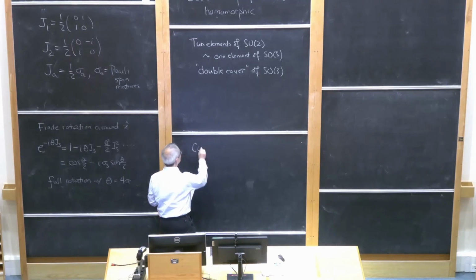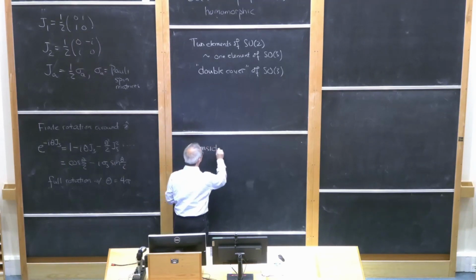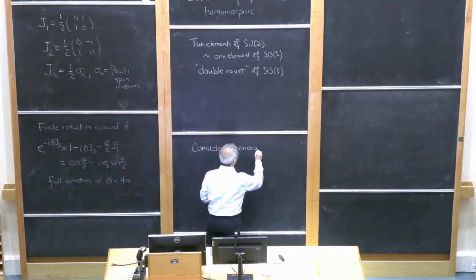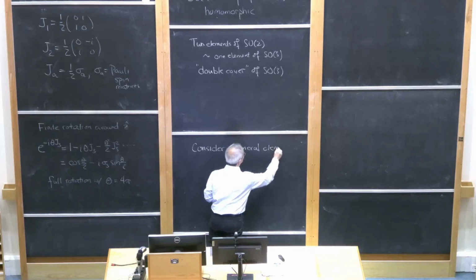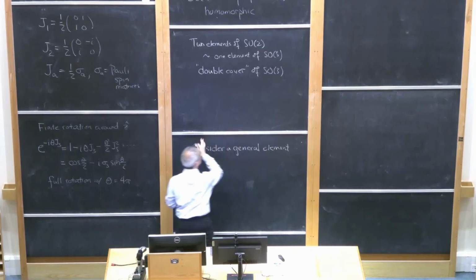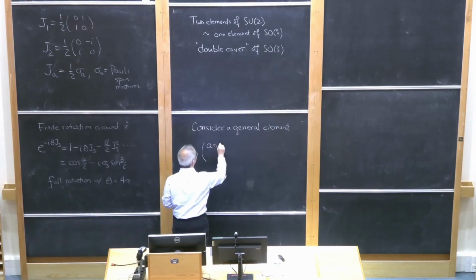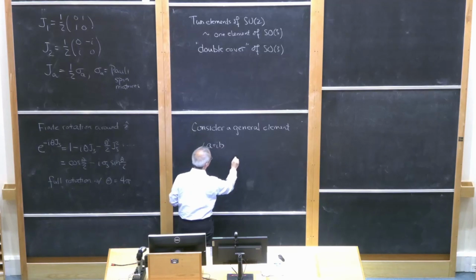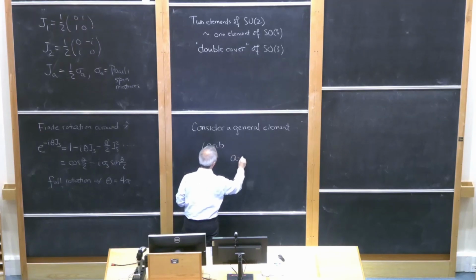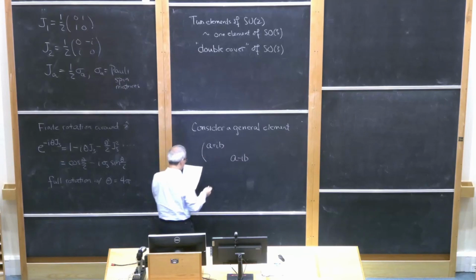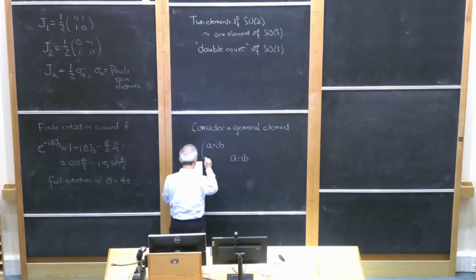So let's consider a general element of SU2. Okay, so it's got to be a 2x2 unitary matrix with determinant plus 1. So I'll just write that as A plus IB, and then when we're computing the determinant, we'll multiply by A minus IB. We'll do a similar thing with the off-diagonal elements.